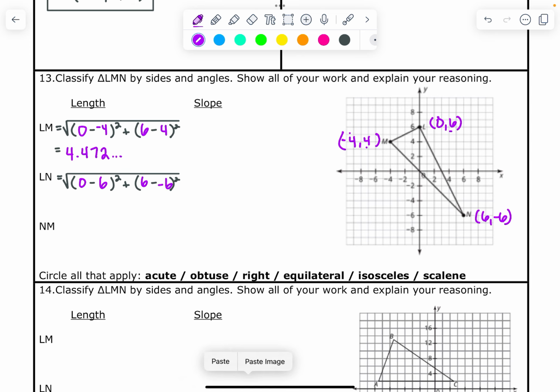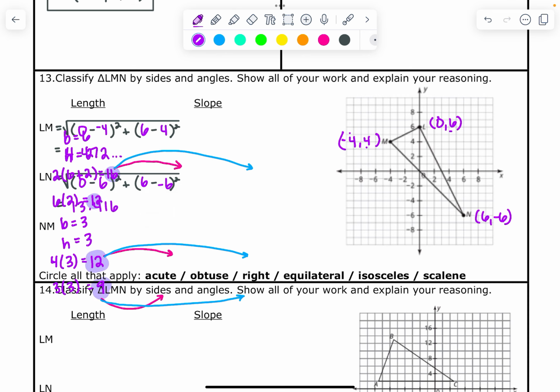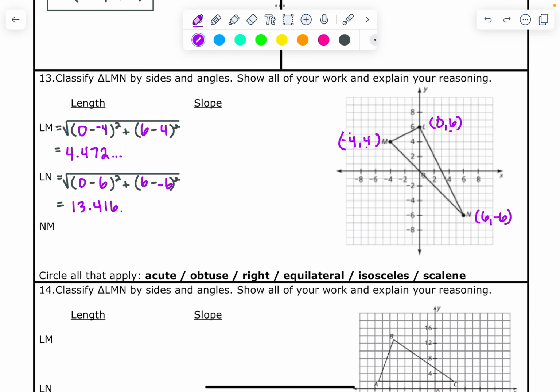Let's calculate that. So that'll be the square root of 6 squared plus 12 squared. That'll give us 13.416, and so on.